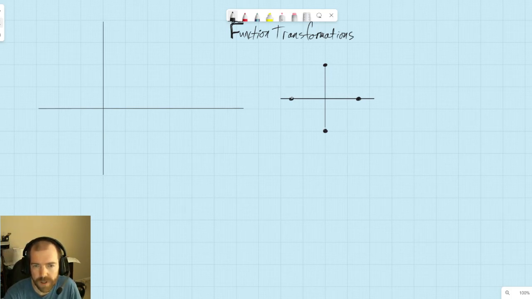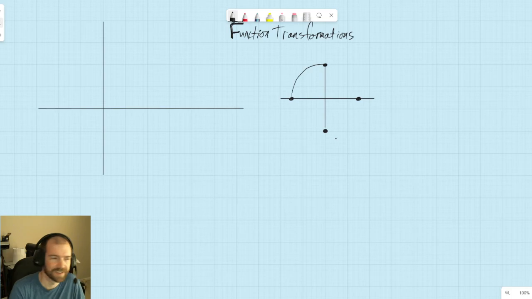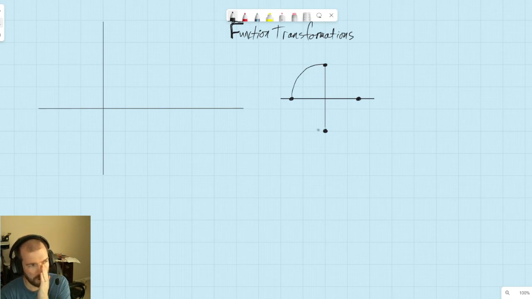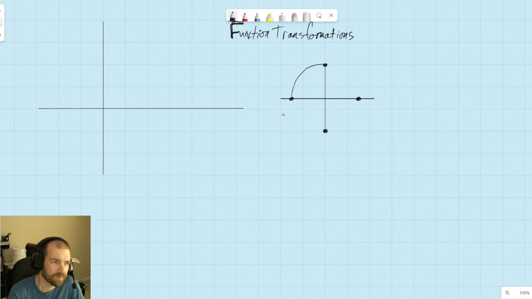And then I just go very carefully like this and hope that I get it. Yeah, with equations. So circles are part of a group called conic sections.